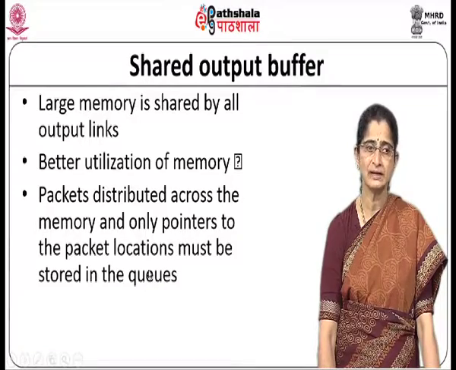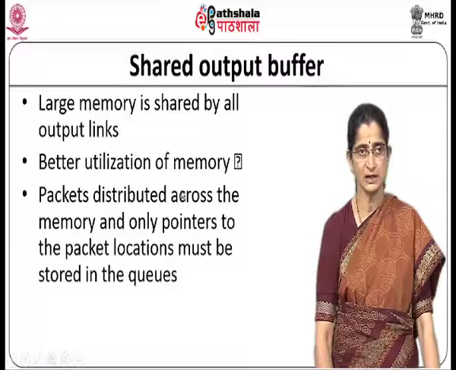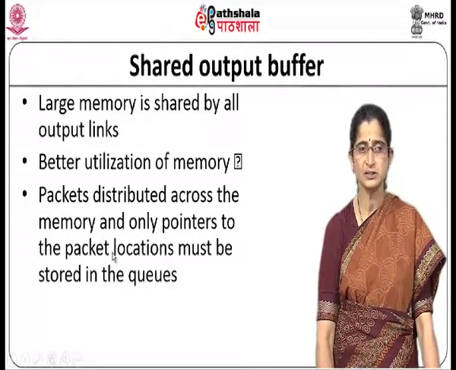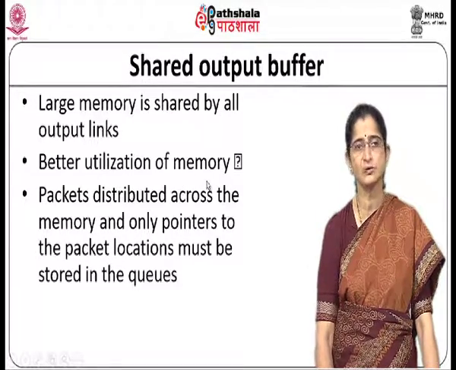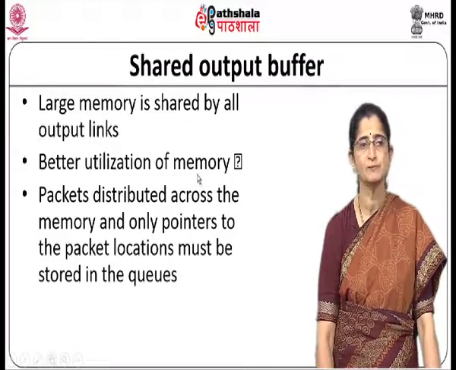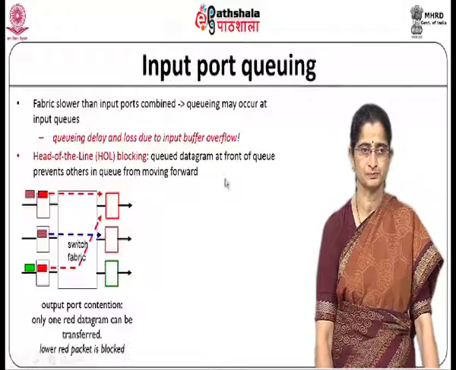The queue only maintains pointers to the locations where the packets are stored. So, packets are basically in memory, and of course, there are other issues here with respect to how effectively you will be able to access this memory; memory access speeds could also become a bottleneck in this case, but this is another option that is also considered.